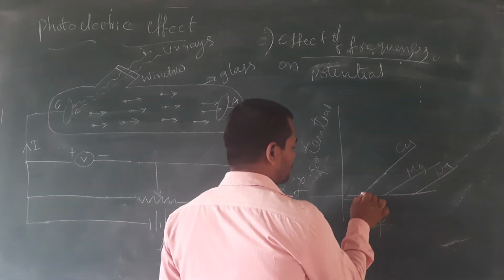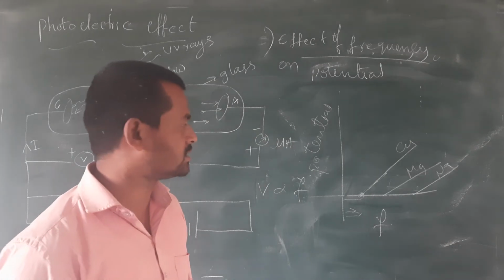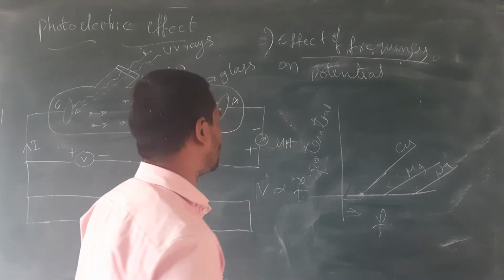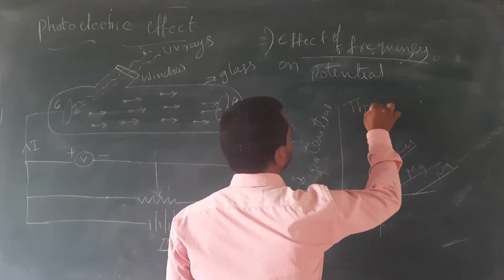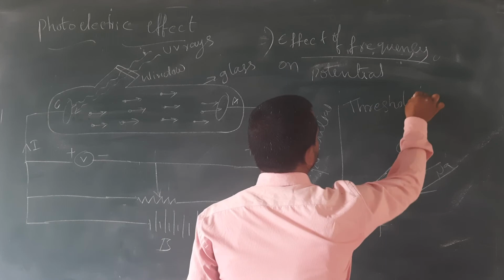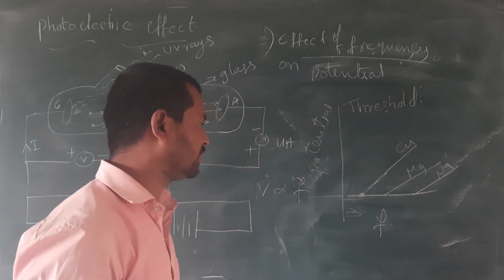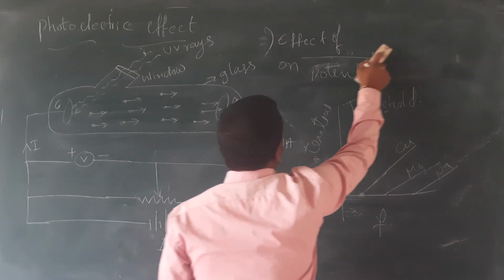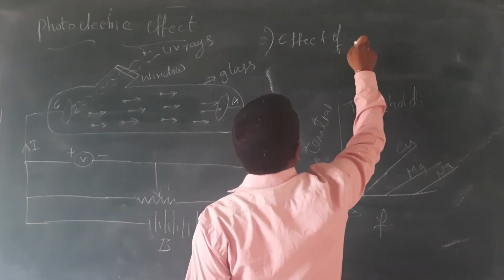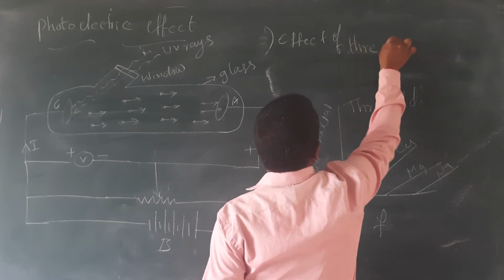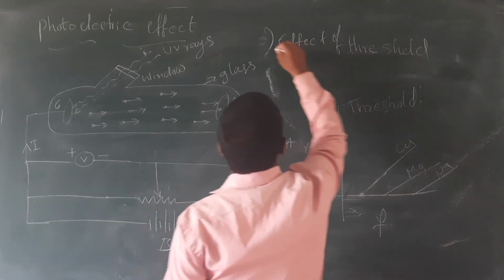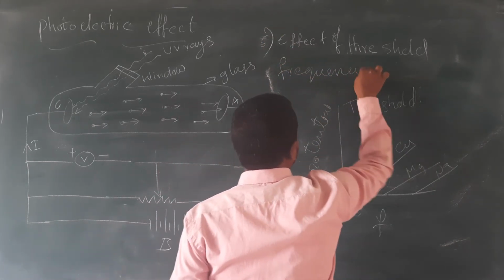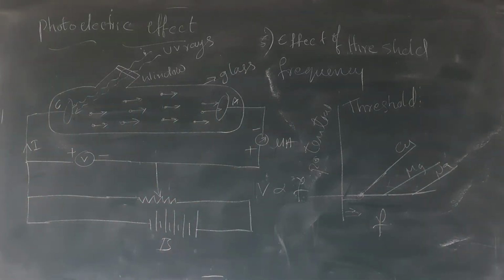The minimum frequency at which photo current starts is called threshold frequency. So that is the last point, the effect of threshold frequency.